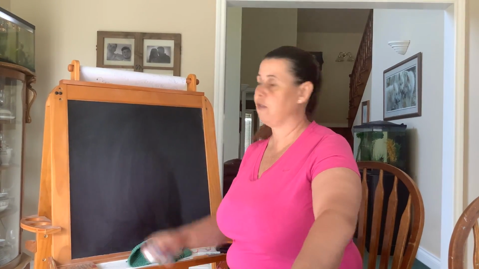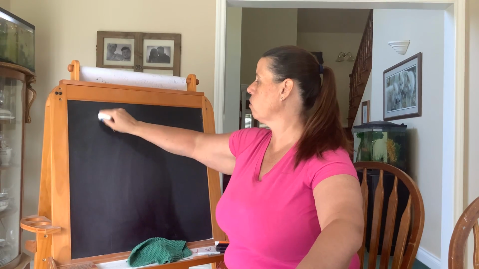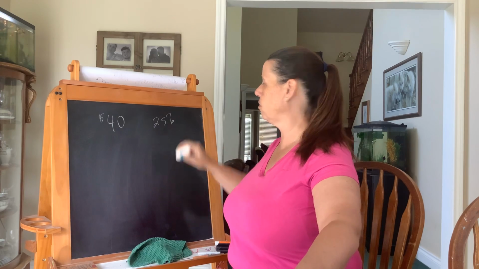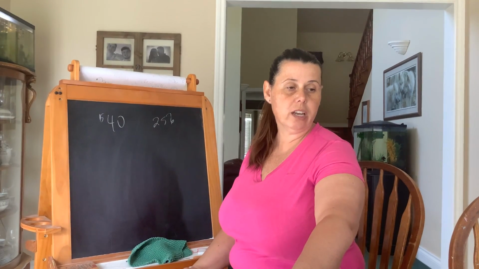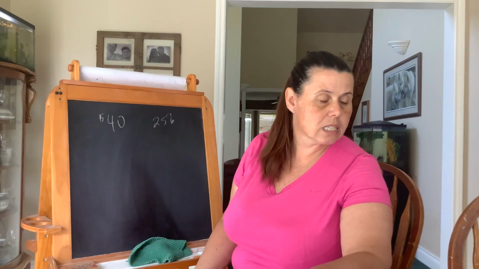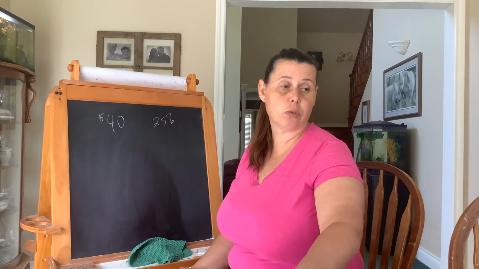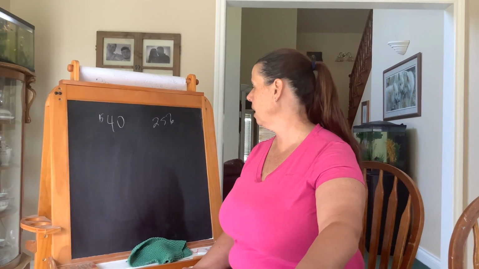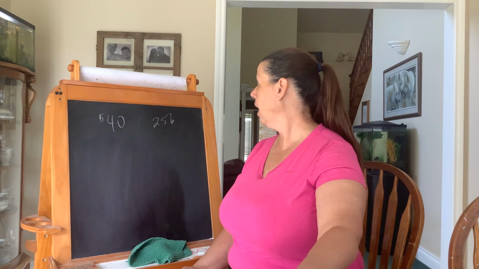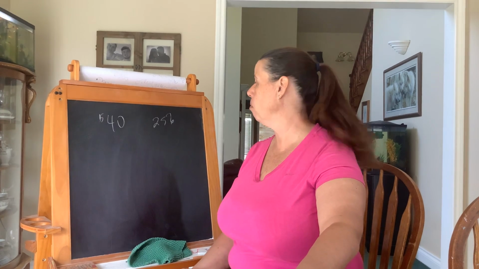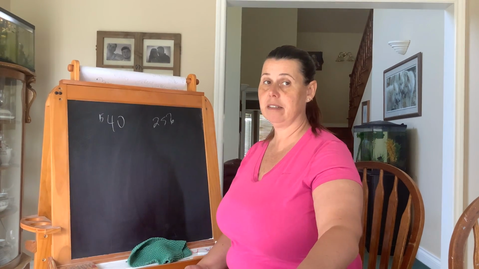Okay, 11. A shirt that usually costs 40 bucks is on sale for 25% off. What is 25% of 40? What is 40 take away 25%, so that we can tell the price of the shirt? Okay. So, how are we going to figure out 25%? We don't know how to do 25%, but we know how to do 10, right?